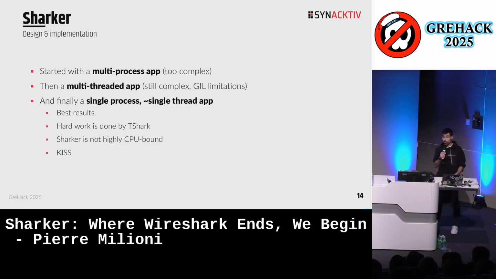It yielded the best results among all the solutions, simply because all the hard work is done by T-Shark. It's T-Shark that parses the raw packets and transforms them into JSON. We are only doing quick computation on keys in a JSON, so it goes fast. It's not really CPU bound. I should have started with that and kept it simple.